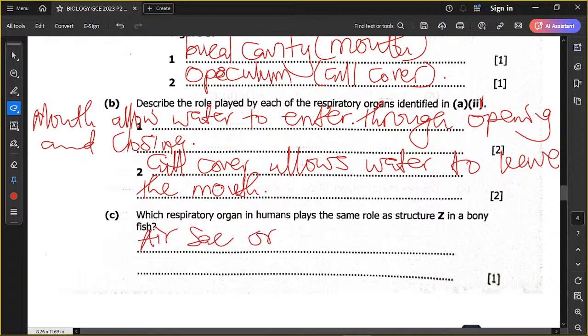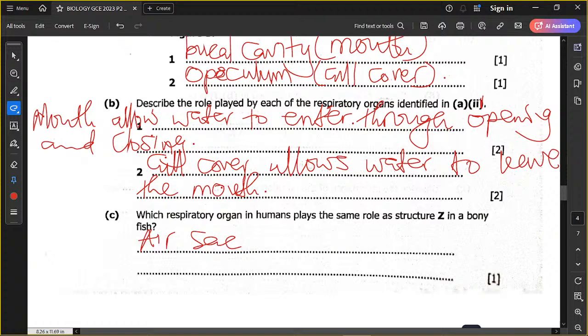So that is the air sac, or alveolus. Okay, air sac.